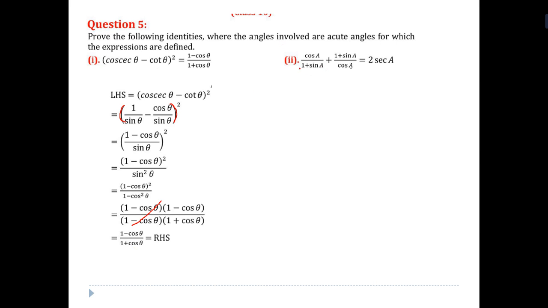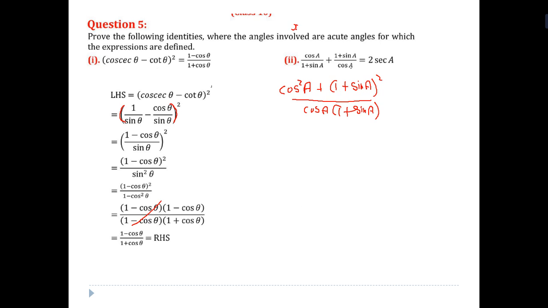Now we go for the second, we can take the LCM of it. That is, if you simplify it here, then cos square A plus 1 plus sin A, and the denominator cos A in bracket 1 plus sin A. Now if you see, there is a whole square there.